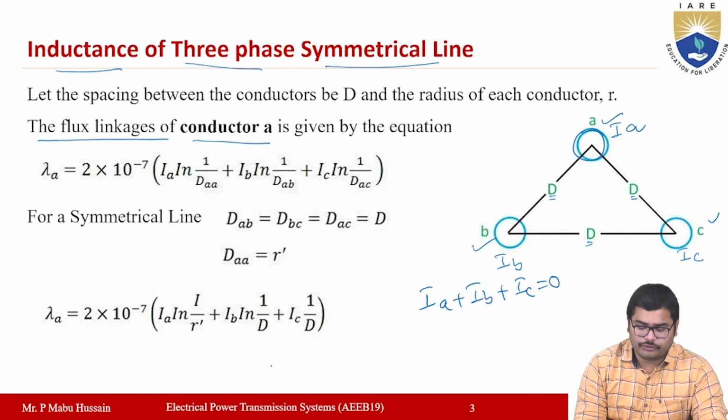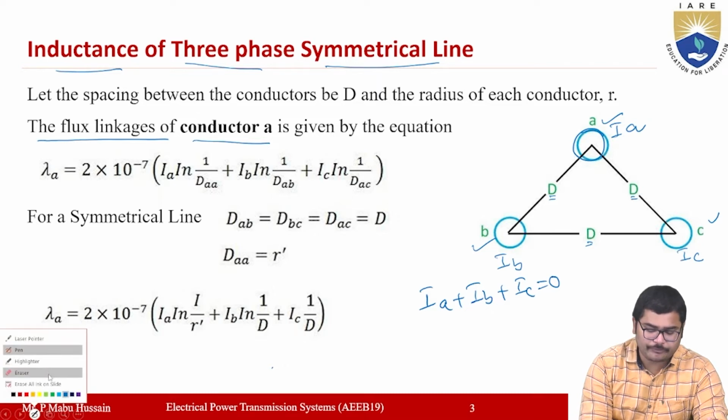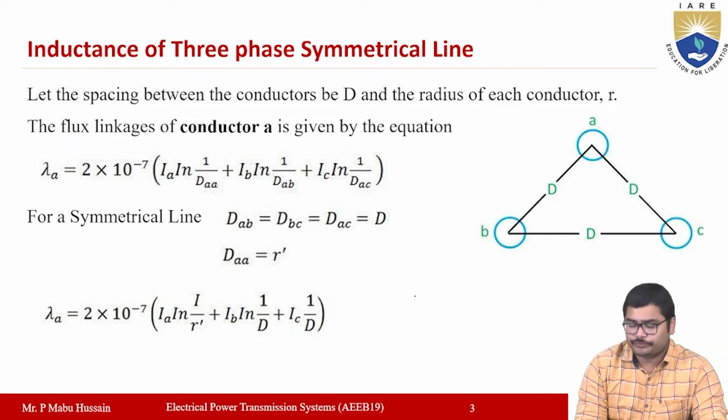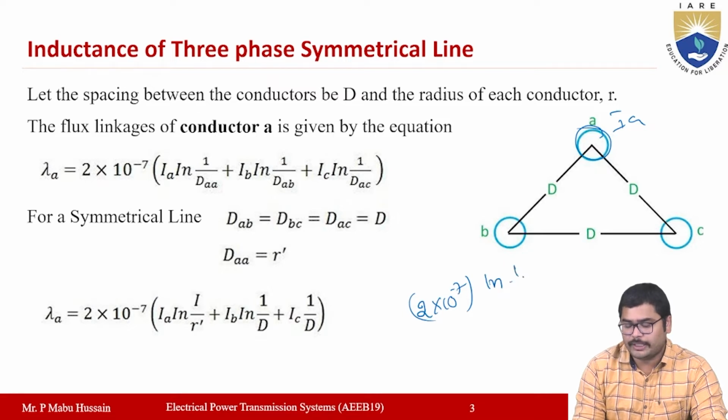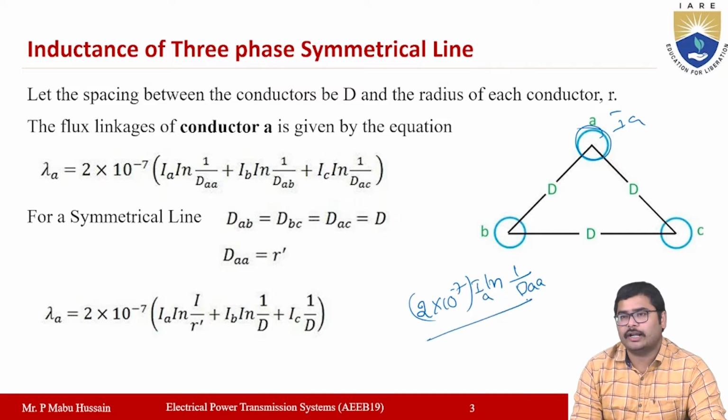The flux linkage of conductor A due to its own current IA is 2 into 10 power minus 7 ln 1 by DAA into IA. This is the flux linkage of conductor A due to its own current.